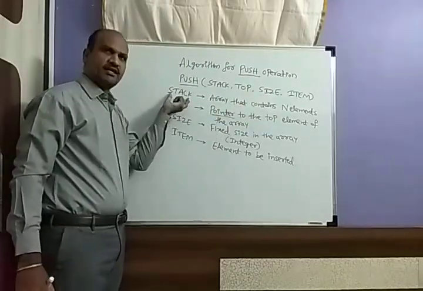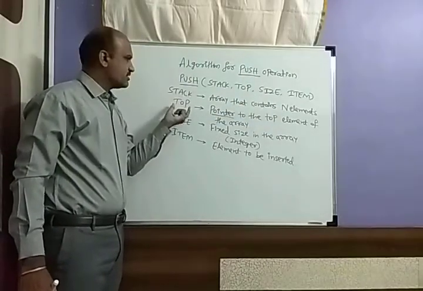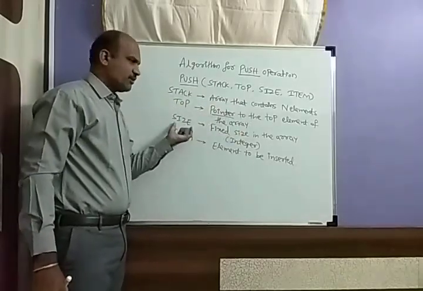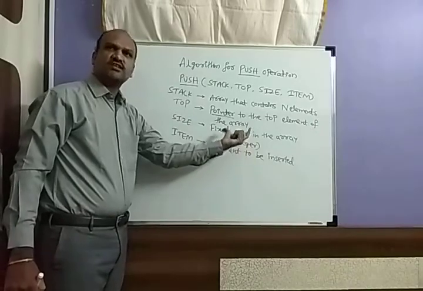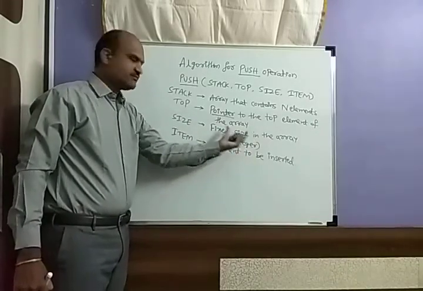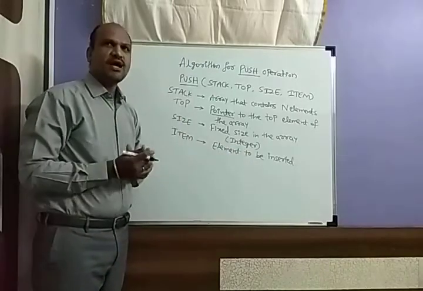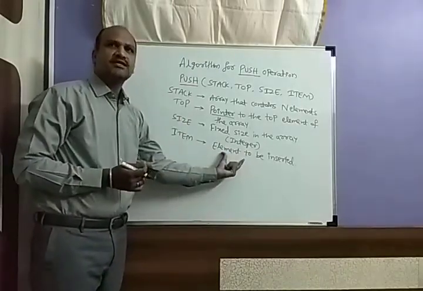So the stack is the array which contains n elements, then the top, which is a pointer to the top element of the array, then the size, which is fixed in the array and is an integer, then the item, the element that should be inserted.